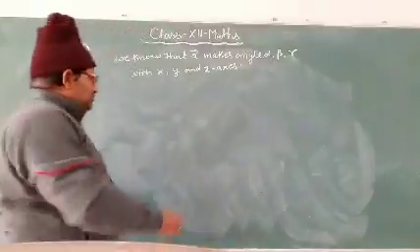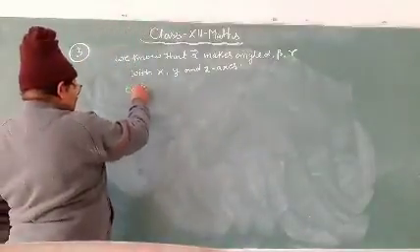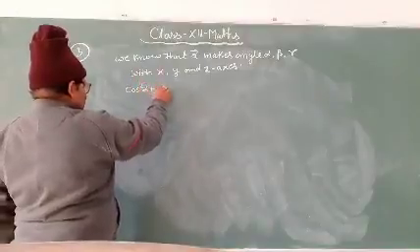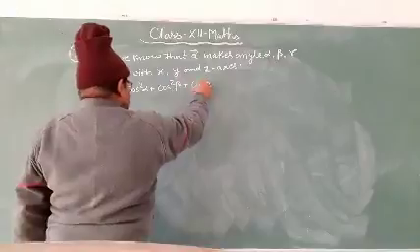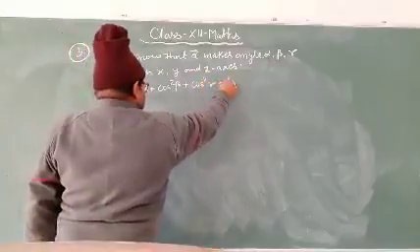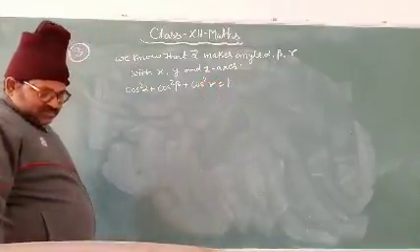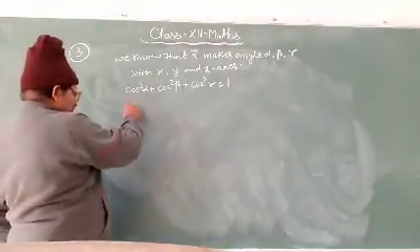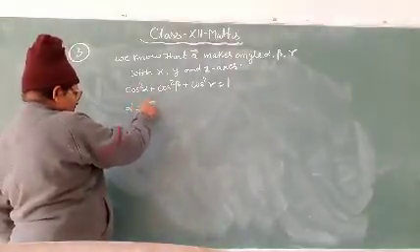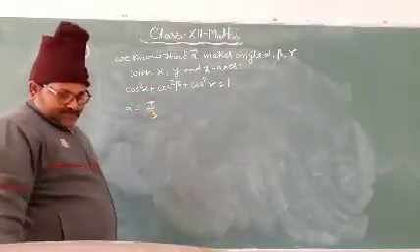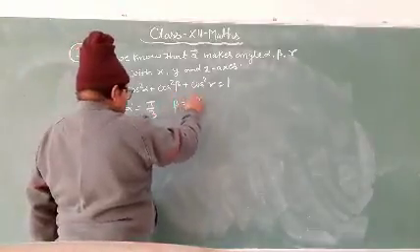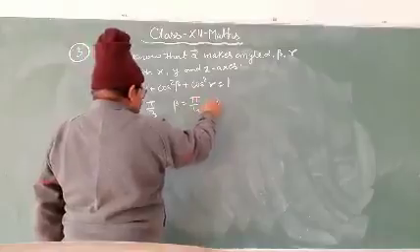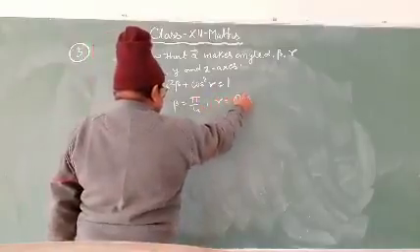So cos square alpha plus cos square beta plus cos square gamma equals 1, and alpha equals pi by 3, beta equals pi by 4 and gamma equals theta.